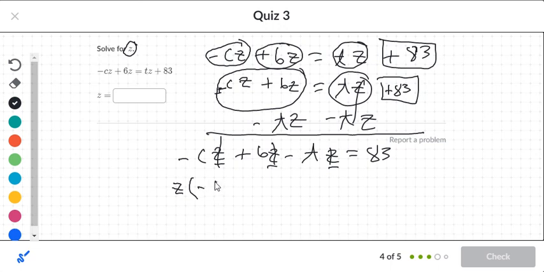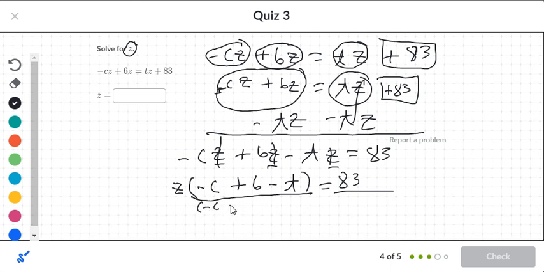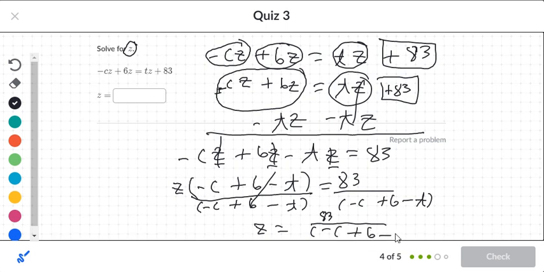So what you're left with is negative C plus 6 minus T, times Z, is equal to 83. Now you want to divide off this parenthesis. So you're going to divide by negative C plus 6 minus T, cross that out. So my final answer is Z equals 83 on top, and in parentheses negative C plus 6 minus T as my denominator.